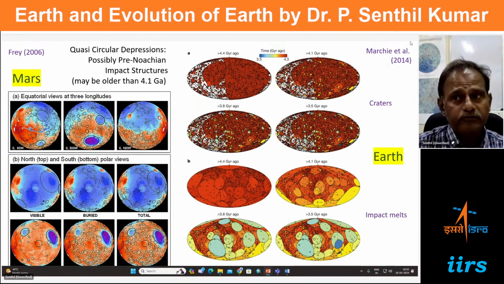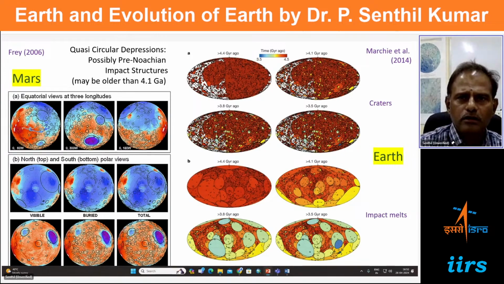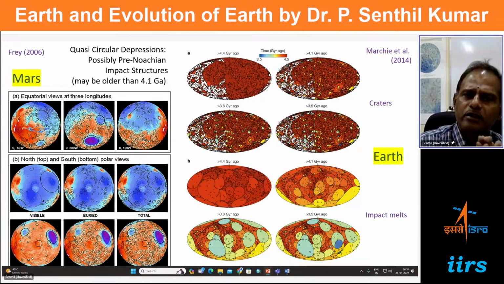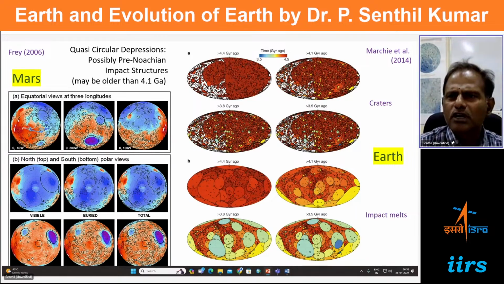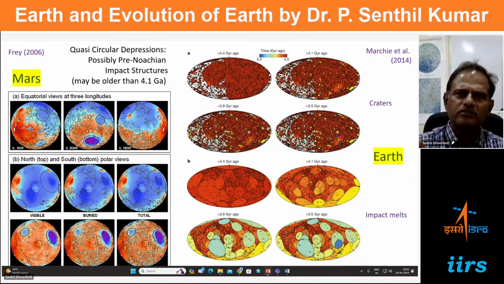Therefore, Marchi and others made a model based on the records from Moon, Mars, and Mercury. They took all the crater population, put it on the surface of Earth theoretically, and found that the entire Earth was covered by impact craters.